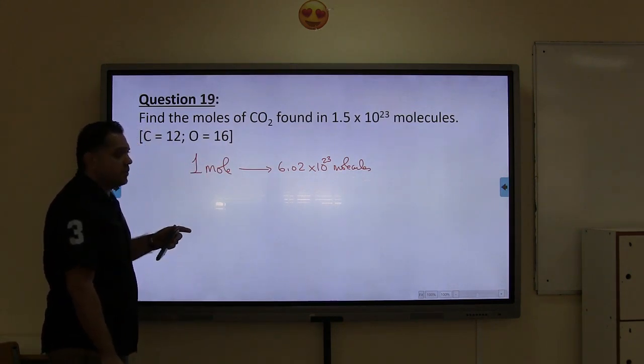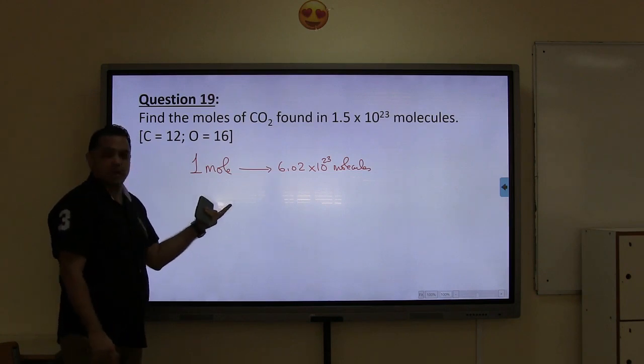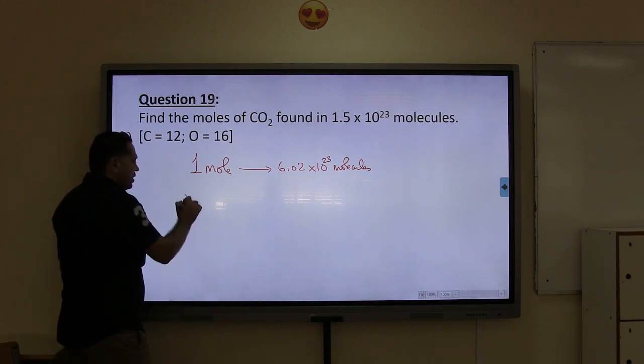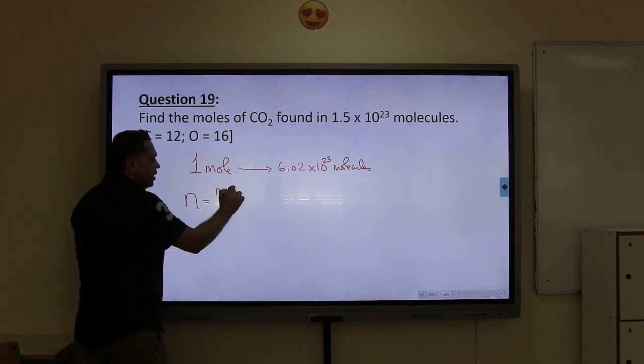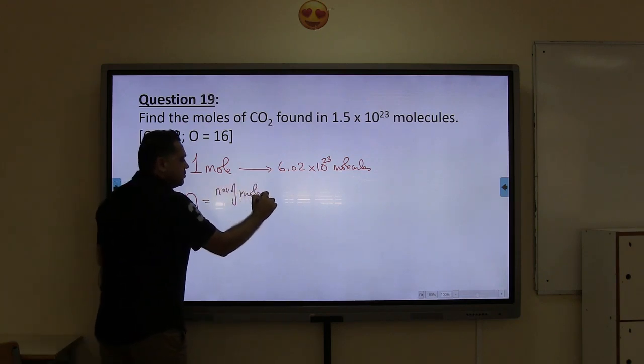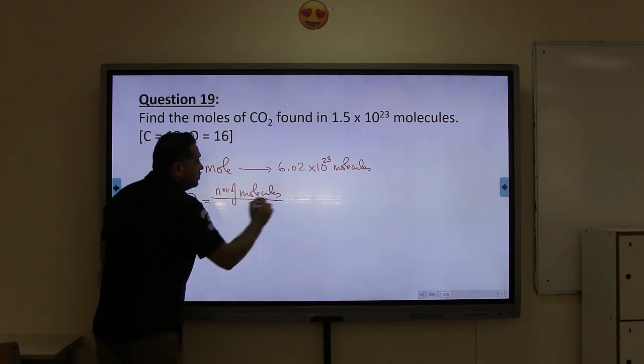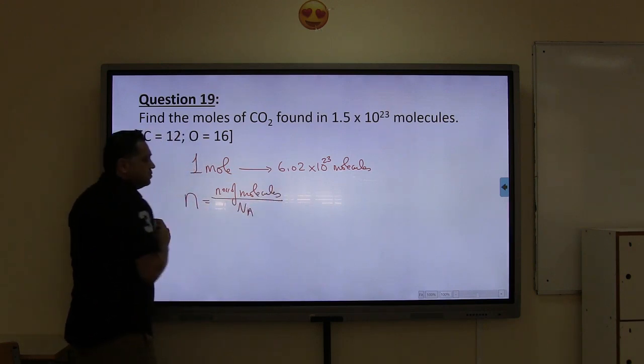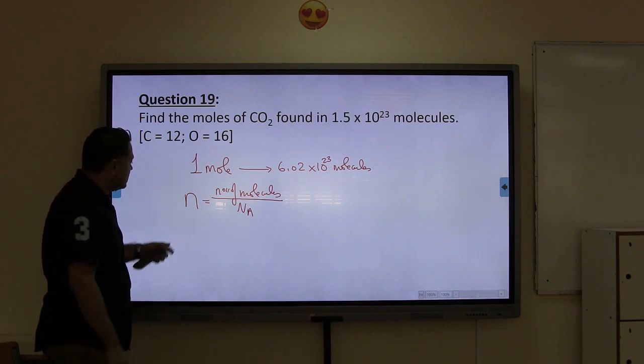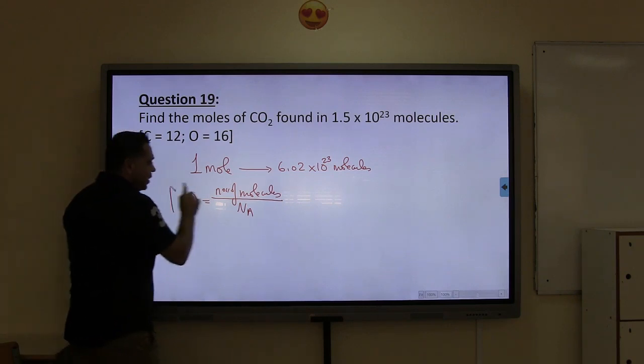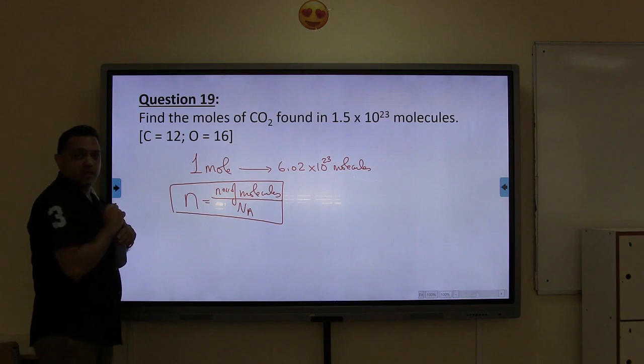So we can have a formula here, or we can just use the ratio. The number of moles is equal to the number of molecules divided by Avogadro's number. I will solve it in both ways. n is equal to number of molecules divided by Avogadro's number.